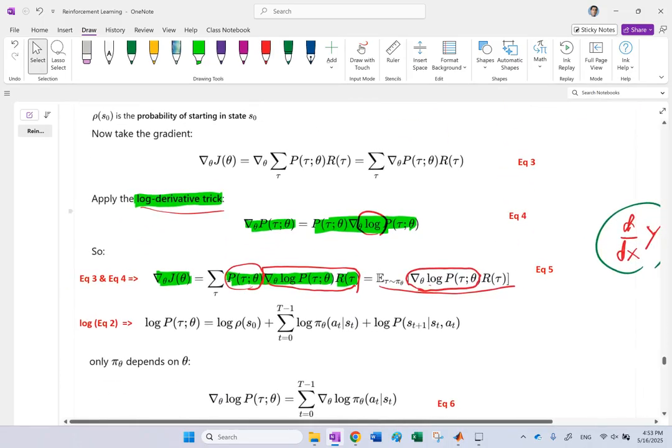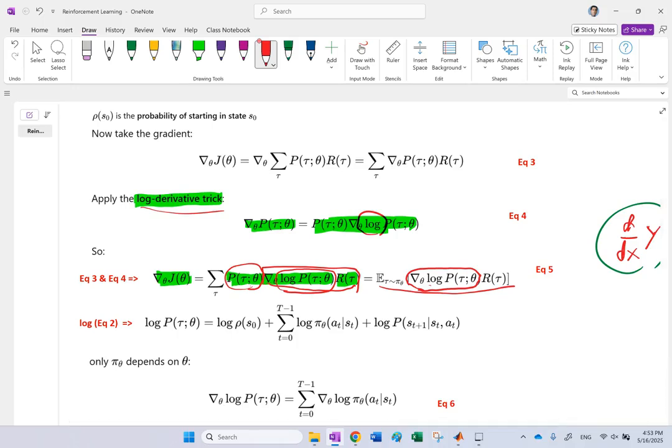So now look here, the log of p: because p was a product, log of p is going to be this log term and the summation of all the other terms that were multiplied together. Now I want to take a gradient of this.